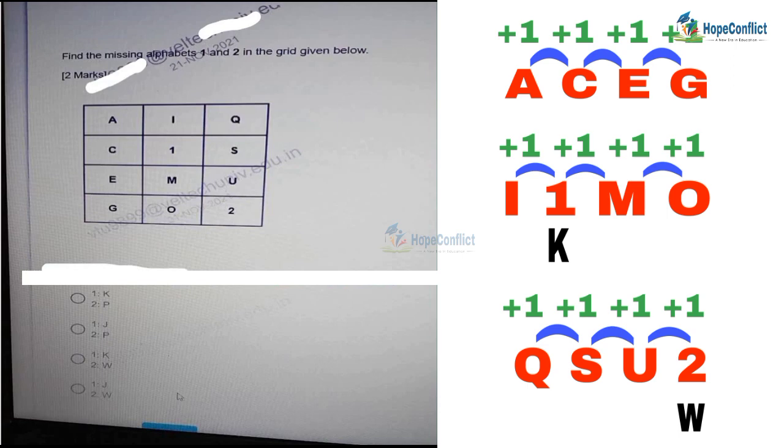Like for A, then B is skipped, C, then D is skipped, E, then F is skipped, G. Similarly, if we consider the second column, it is I, then 1, which we have to find, M and O. So it will be I, then plus 1, it will be K. So 1 is K, and if we consider column 3, it is Q, S, U, 2. So for Q, R is skipped, and plus 1 it is S, then U, and U plus 1 it will be W. So 1 is K and 2 is W. So for this, the answer is option C.